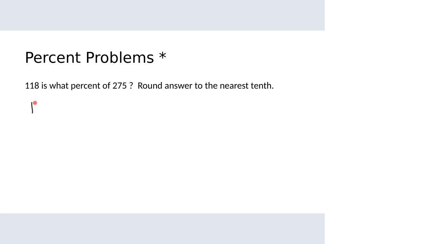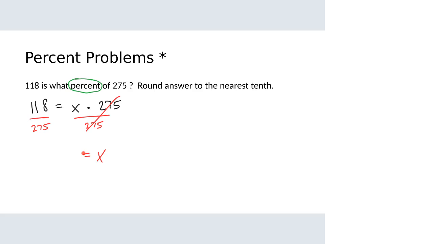What we've got here is 118 is what percent, and I need to remember my answer is going to be a percent, of 275. I need to get x by itself, so we'll divide by 275 on the right, divide by 275 on the left. Those cancel, leaving me just the x, which is where I was trying to go.